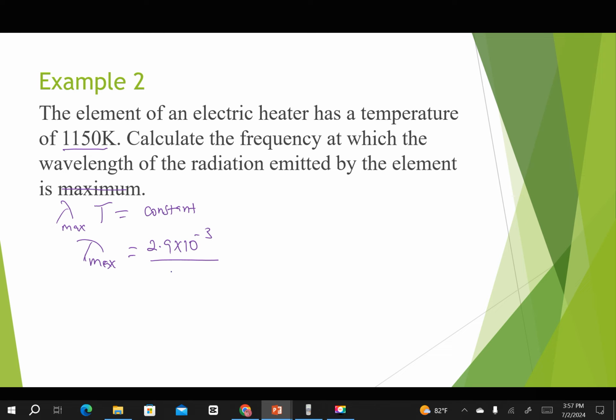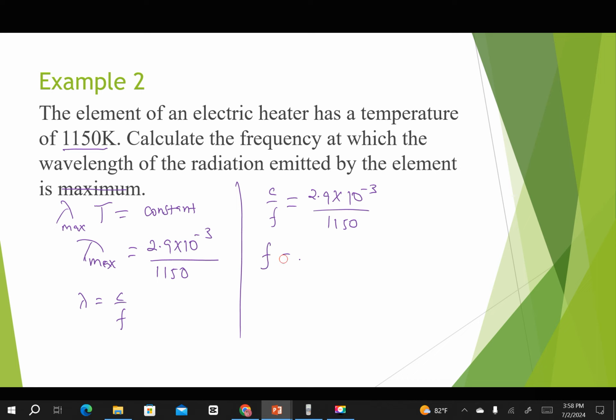which is 1,150. So that is lambda max. But also remember, from lambda equals C divided by frequency, we want to find the frequency. So C divided by the frequency is equal to 2.9 times 10 to the power of minus 3 divided by 1,150. I get the reciprocal and make f the subject.